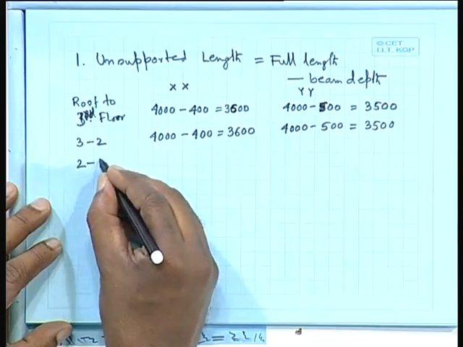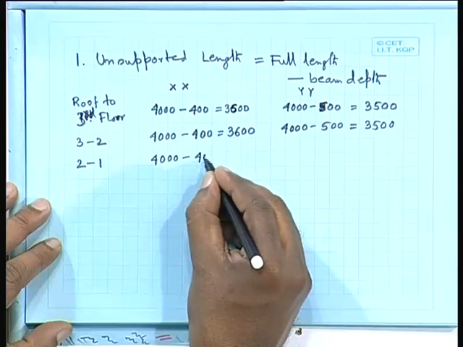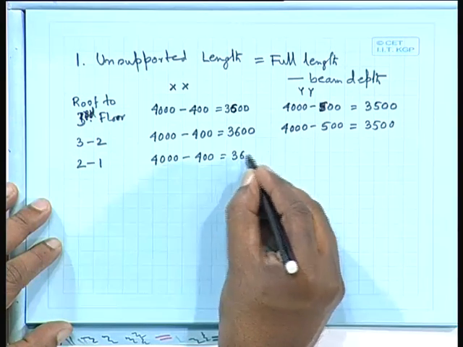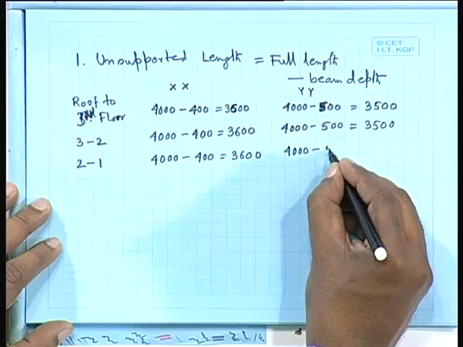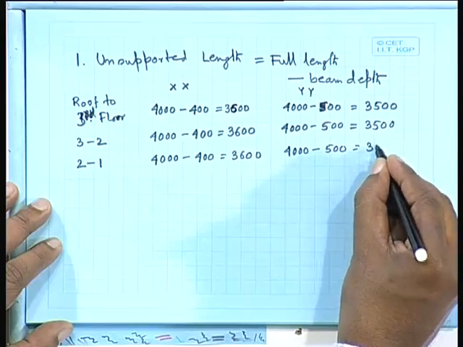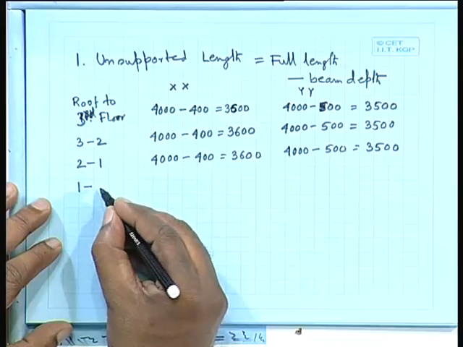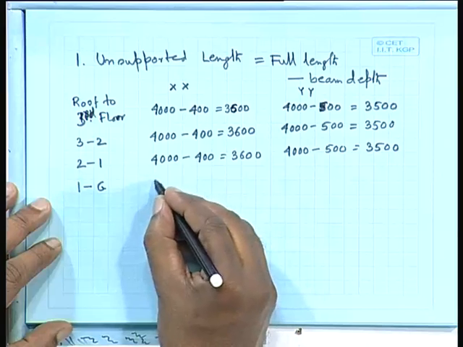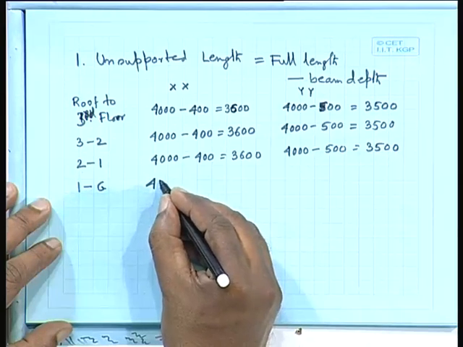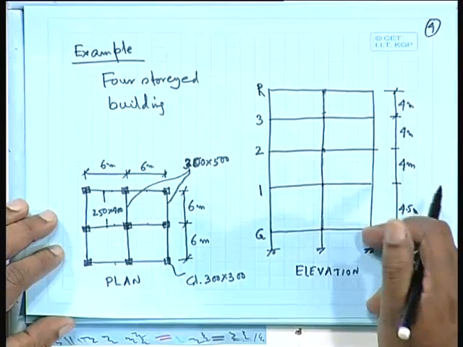Second and first the same, this is in millimeter. And first to ground floor we have 4500, please note 4500, the first floor is a little higher.